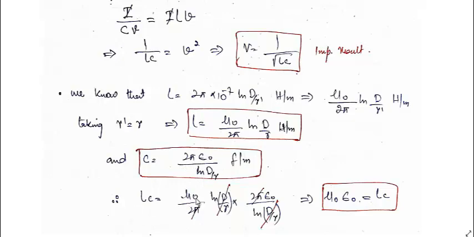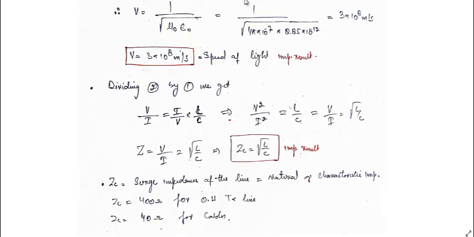LC will be equal to mu0 by 2 pi ln of d by r into 2 pi epsilon divided by ln of d by r. The ln terms and the 2 pi terms cancel out. It comes out to be equal to mu0 epsilon0. So v will be equal to 1 by the square root of mu0 epsilon0. The value of this comes out to be 3 into 10 to the power 8. This is the speed of light. The speed of propagation of the wave is equal to the speed of light.